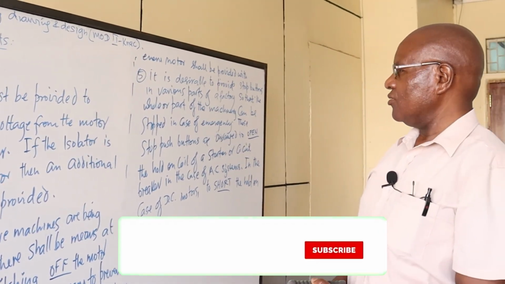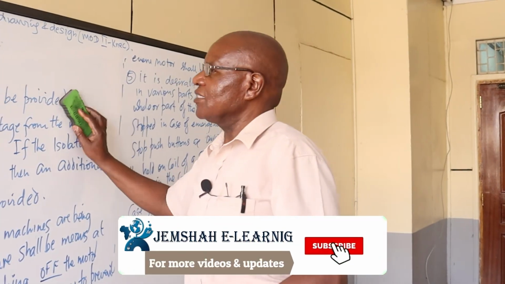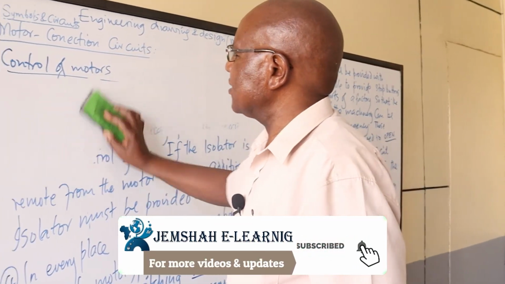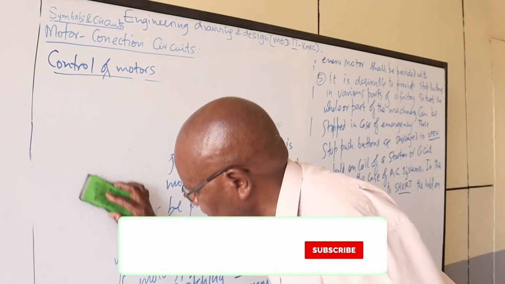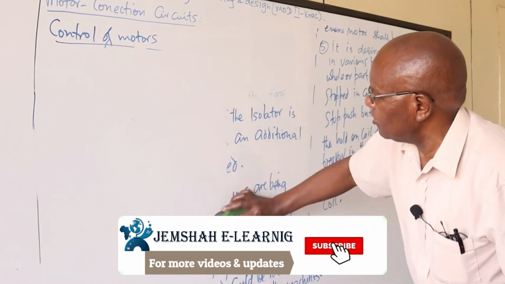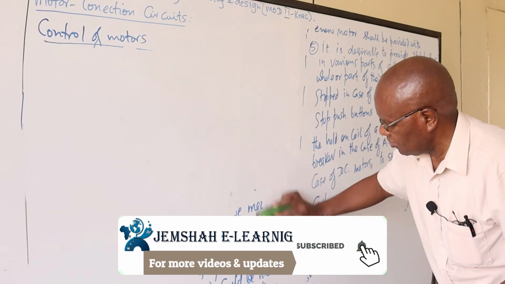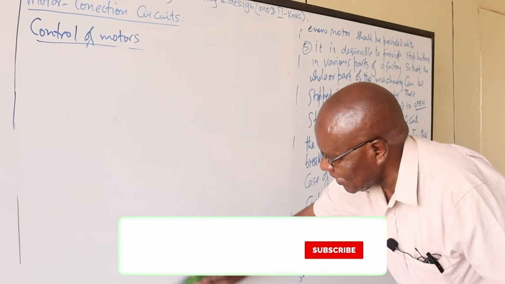So now we are going to see the actual circuits of the connections of the motors. Now to connect the motors, in order to embrace all those 5 conditions, we have starters.